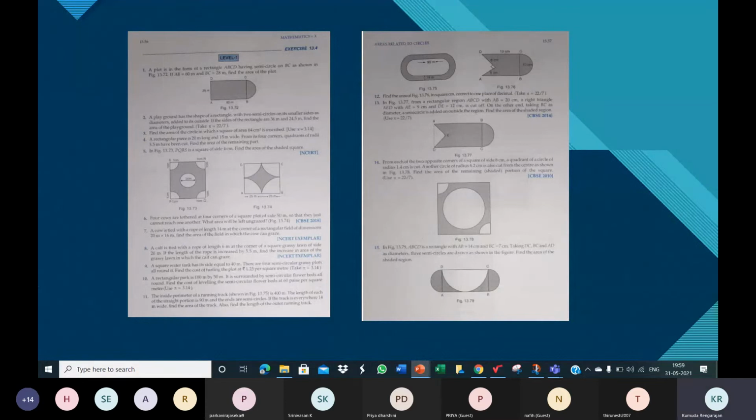When you find 2 pi r, so 2 into 22 by 7 into r, 77 by 2. Ma'am, 1540 centimeters. What is 2 pi r? It's 154 meter, ma'am. If we convert in centimeter, it's coming 1540. No, 2 pi r: 2 into 22 by 7 into r, 77 by 2 is r, right?